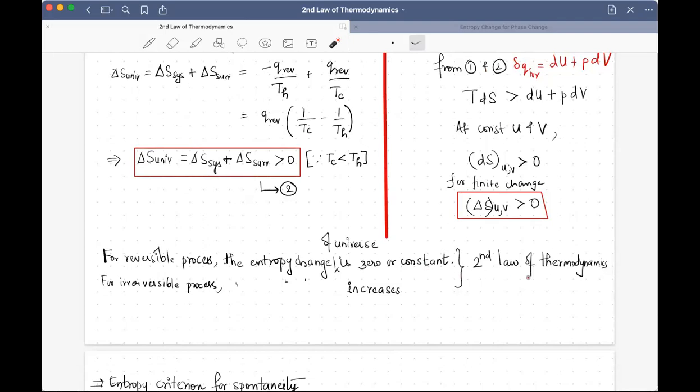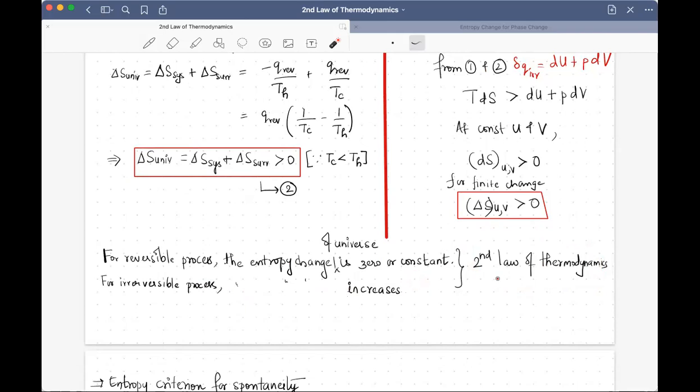So that is one statement of the second law of thermodynamics. Another statement you can write is, for an irreversible process, the entropy change of the universe increases. You can combine these two statements, and that would be the statement for the second law of thermodynamics. So what does the second law say? It says that when you are talking about a reversible process or an equilibrium process, the entropy change would be constant.